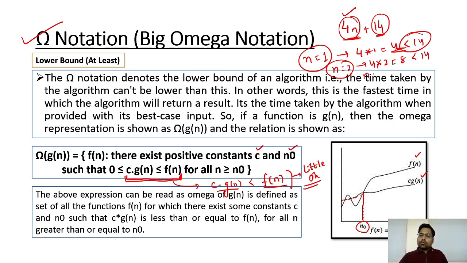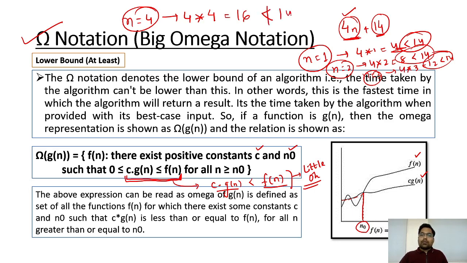For n equal to 3, 4 into 3 is 12, also less than 14, okay. But a time will come where n equals 4, and that time 4 into 4 is 16, which is not less than 14.